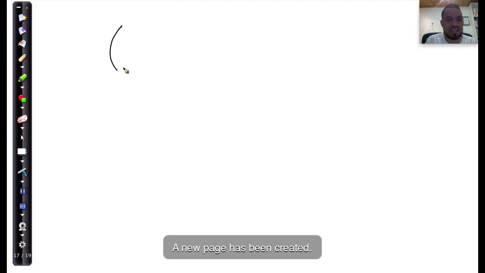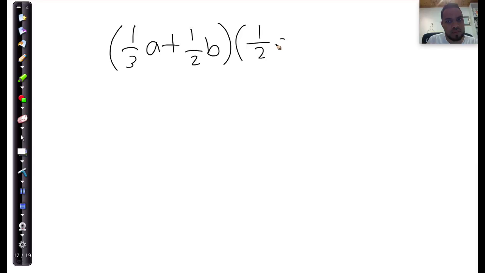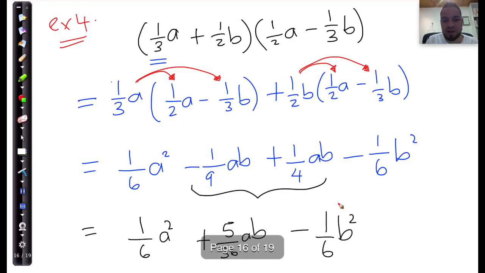If I have 1/3 A plus a half B multiplied by 1/2 A minus a third B, what I'm going to really do is multiply this one by this one, then this one by this one, and then work with the inners, which is that multiplied by that, and this multiplied by this, and then I add the like terms. I want you to check that you get exactly the same answer as this thing over here. So that's example number 4.